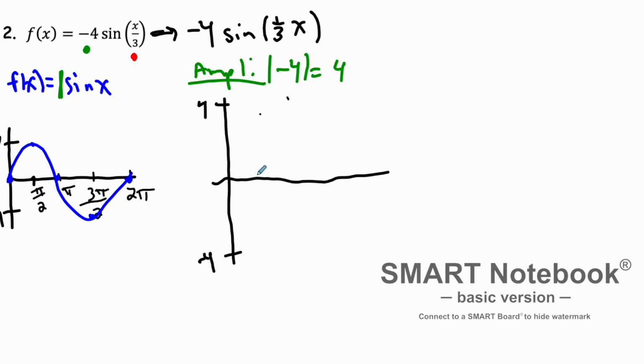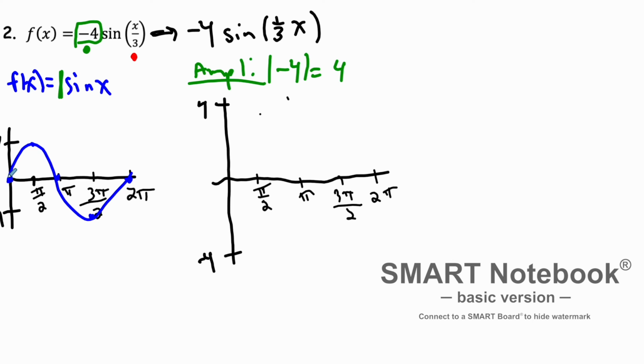They are still the same: pi over 2, pi, 3 pi over 2, and 2 pi. So let's graph this here now. First of all, we're going to start with each of these points and look at their y coordinates. Each y coordinate will get multiplied by -4. So every y value gets multiplied by -4.